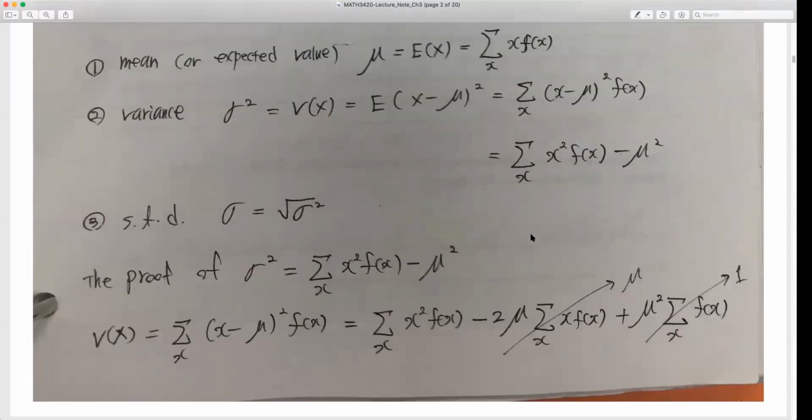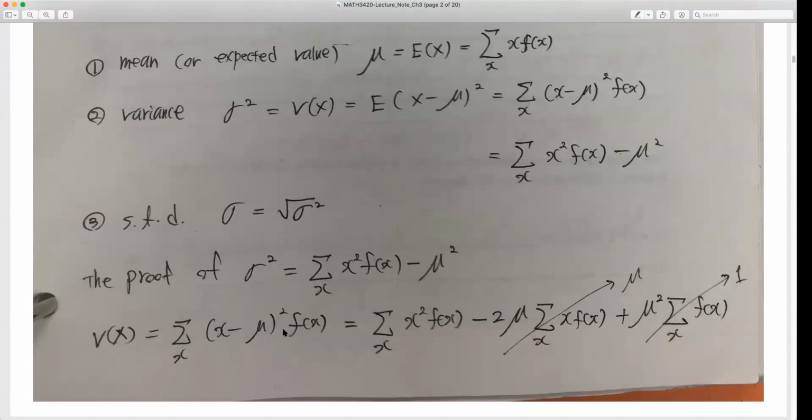So why is sigma squared, the variance, equal to this? Because, starting from the definition, V of x is sigma of (x minus mu) squared f of x, and then we're just going to FOIL (x minus mu) squared.